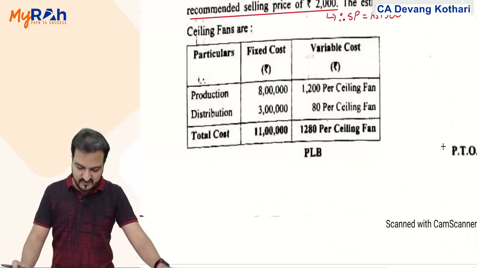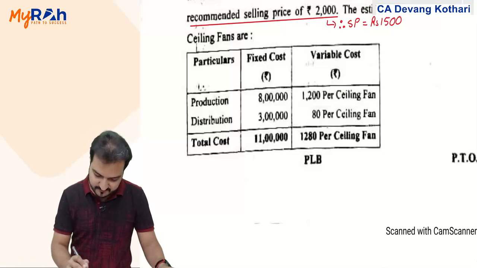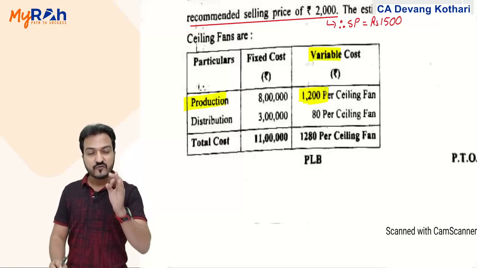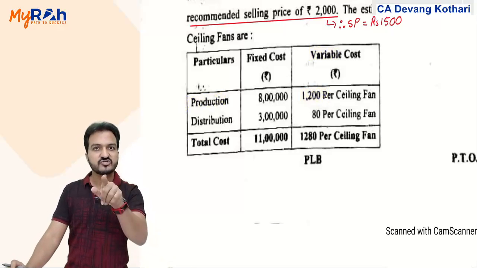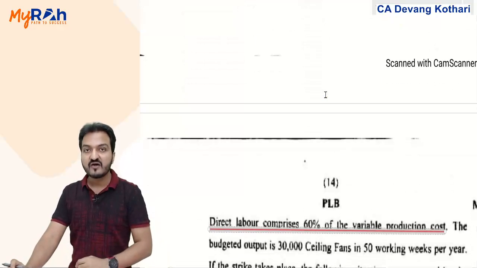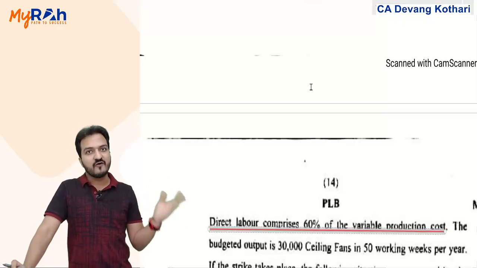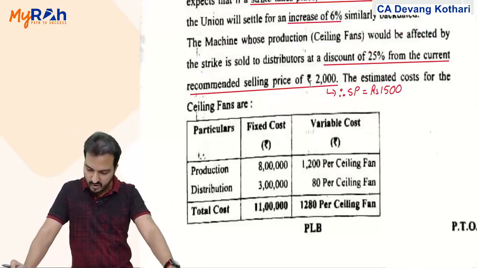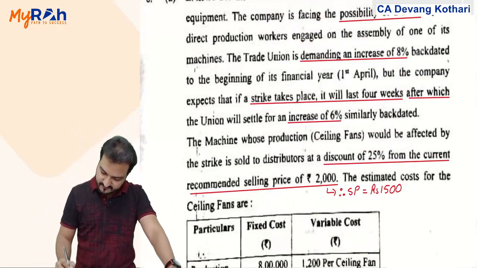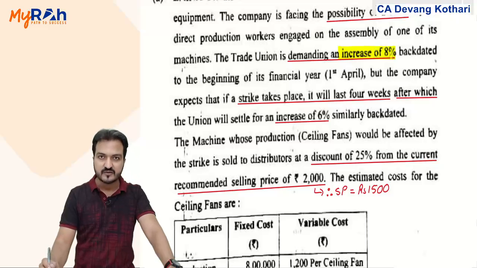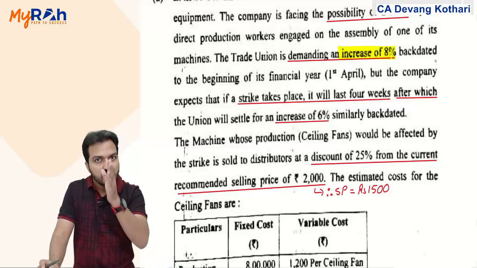Out of this variable production cost 1200, 60% is labor cost. Why have they mentioned labor cost separately? Because if I plan to increase wages by 8%, it will be 8% increase in the labor cost.